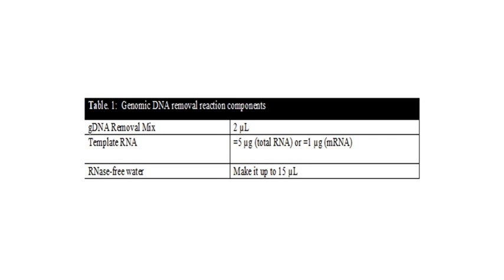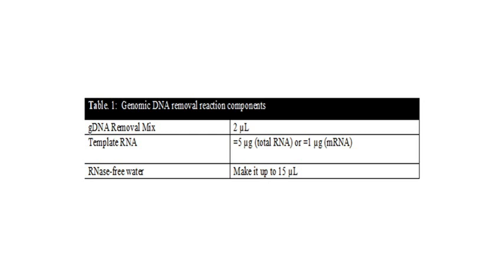Okay, so this is the first table, that is for the preparation of the genomic DNA removal reaction components. So what are the things you will add? I said you need to add the DNA removal mix, that is 2 microliter, and template RNA. So it depends on the concentration of your RNA.